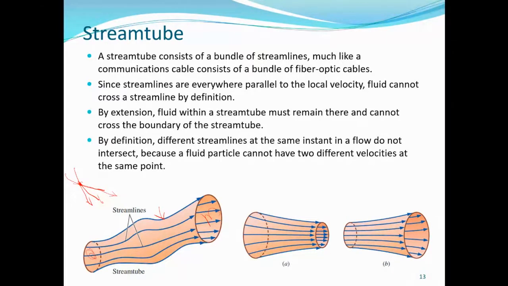Again, you see this is a converging tube, in which the streamlines are converging, and because the area has decreased, the velocity will increase towards the exit. This one is diverging, so the area is increasing, and the velocity is decreasing because of the increase in the area.